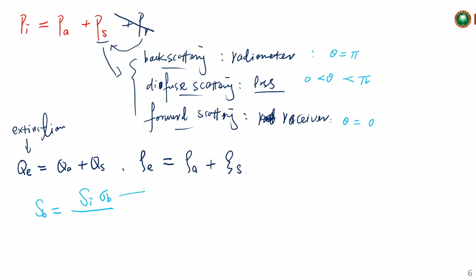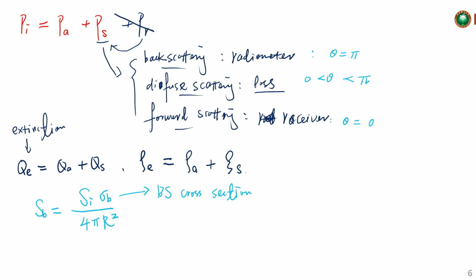Sigma b is called the backscattering cross section, and divided by the distance between the radiometer and the particle. So it's 4 pi, the solid angle of the whole, r squared. Okay, so this is the power density for backscattered powers.